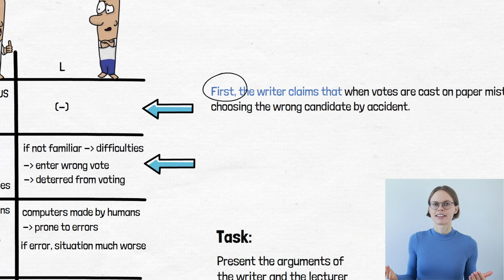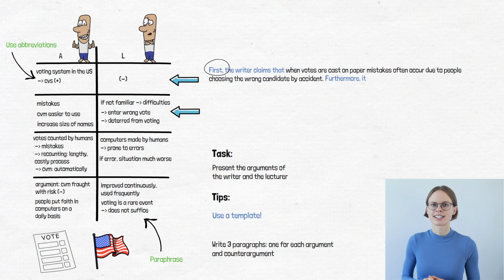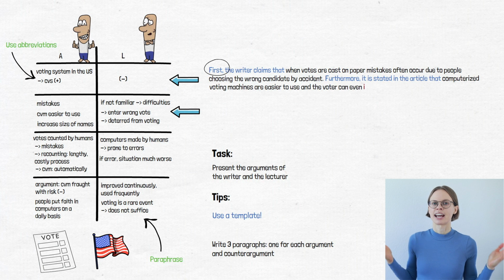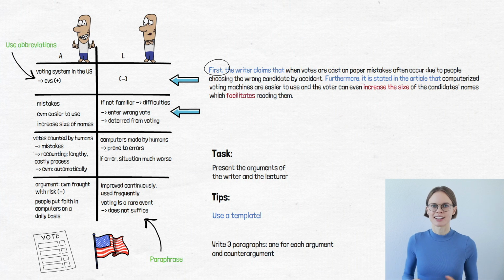And I go on, I say, furthermore, it is stated in the article that computerized voting machines are easier to use and the voter can even increase the size of the candidates' names, which facilitates reading them. As you can see, I added another idea of the writer and I introduced this idea with furthermore.